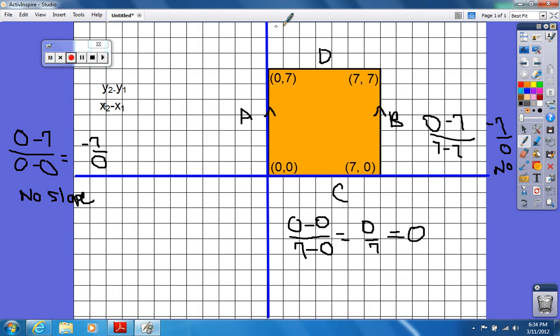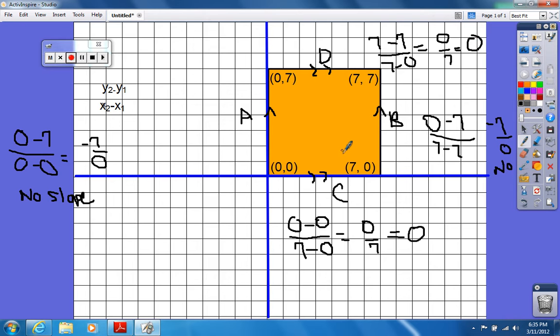And now to do side D, that is going to be 7 minus 7, divided by 7 minus 0, which again gives us 0 divided by 7, which is 0. Now, C and D are also parallel because they're the same exact slope. And they would be parallel even if this was 0 over 3 because it simplifies to 0.